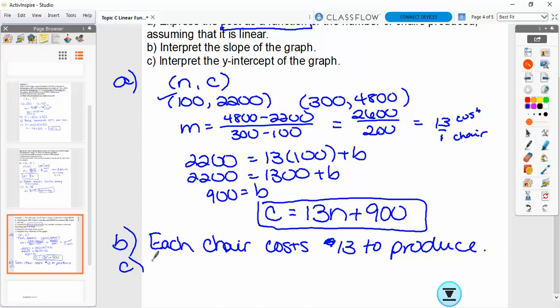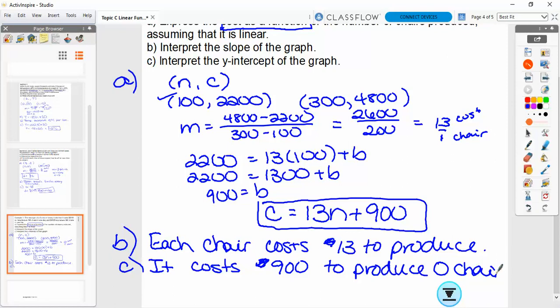So you could call those the fixed costs, or you could just say it costs $900 to produce 0 chairs, or say the startup cost is $900. Lots of ways you could state it. You just have to explain it in some way.